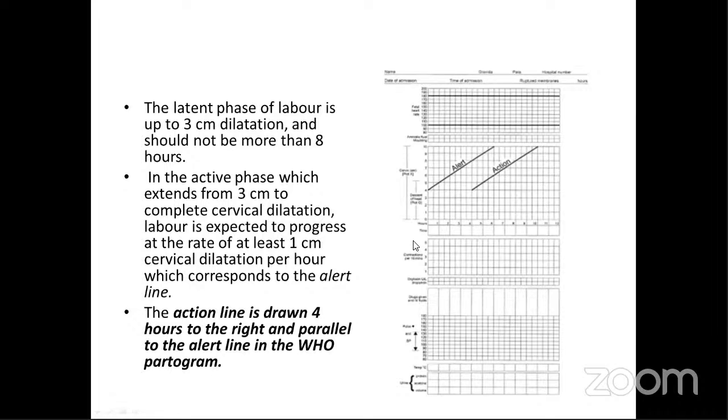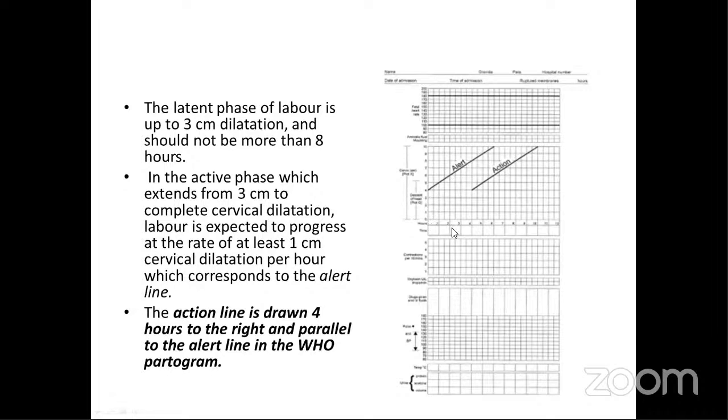So when you start the partogram, as I told, it's always started in the active phase of the labor. So once the patient is at 4 centimeters, you draw a straight line from 4 centimeters to 5 centimeters and 6, at the rate of 1 centimeter dilatation of the cervix every hour. You plot a line, that is the alert line.